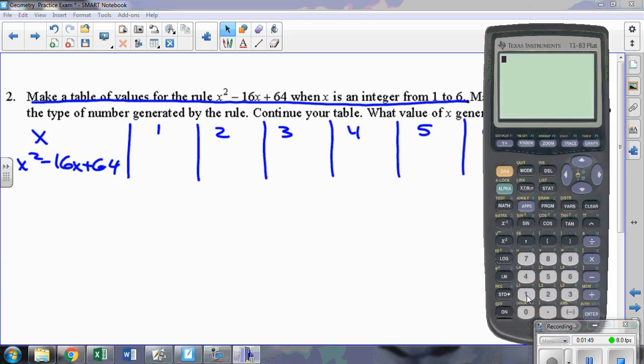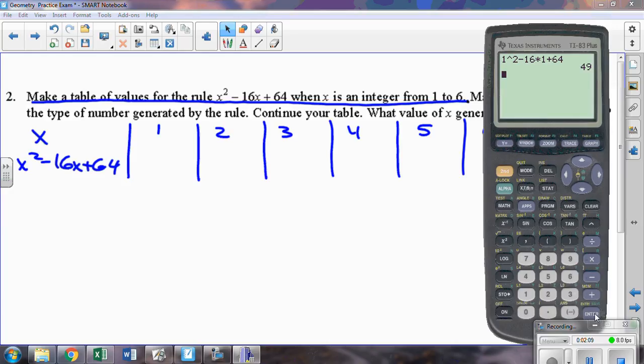For instance, we could go through and put in 1 to the second power minus 16 times 1 plus 64. Hit enter, and we get 49 for our result.